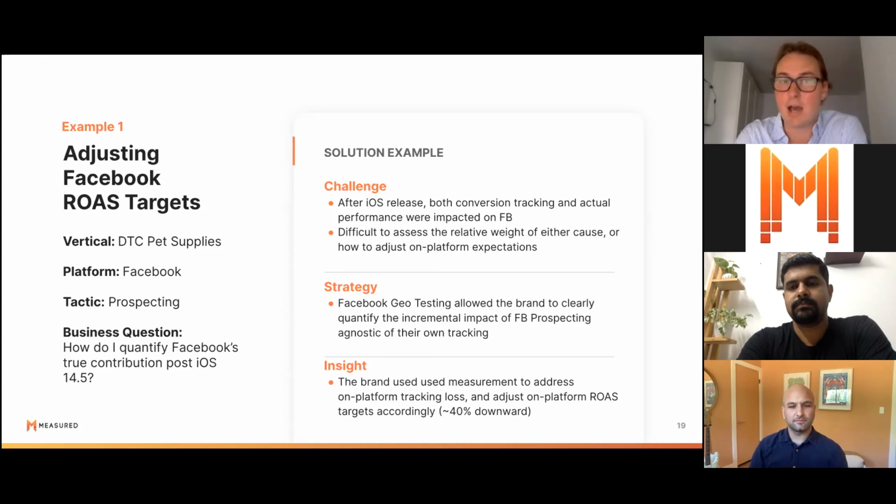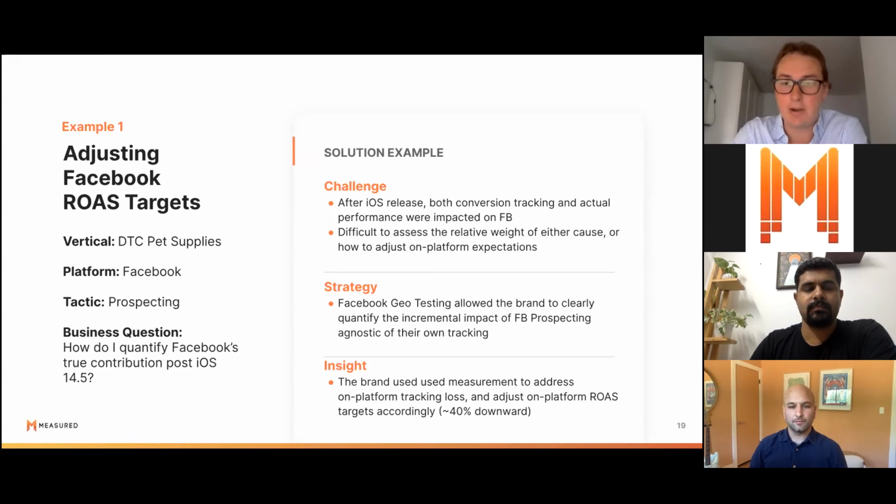So in this case, we measured exactly that. We took out or held out Facebook prospecting for 1 month from 5 states, and we were able to get to the actual contribution that Facebook is driving. And then easily, once you have that number, you can just translate it back into terms of what Facebook is actually showing on platform.